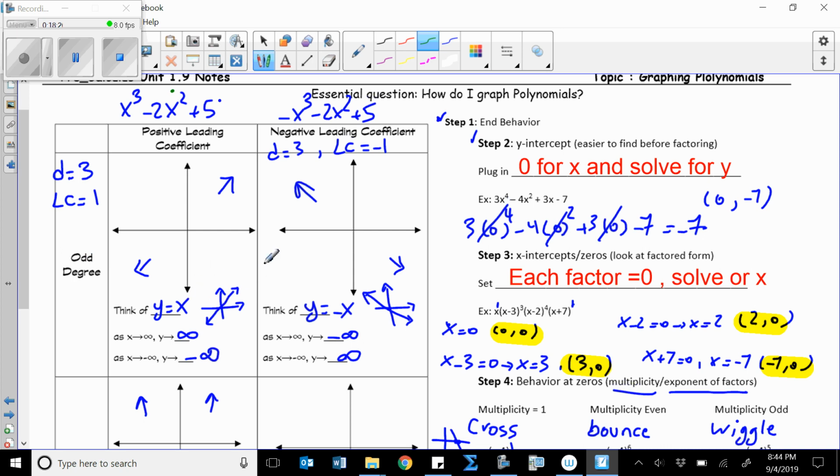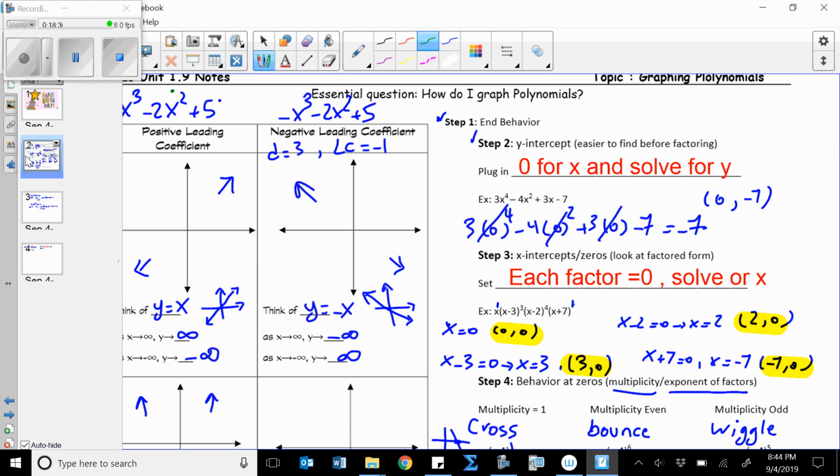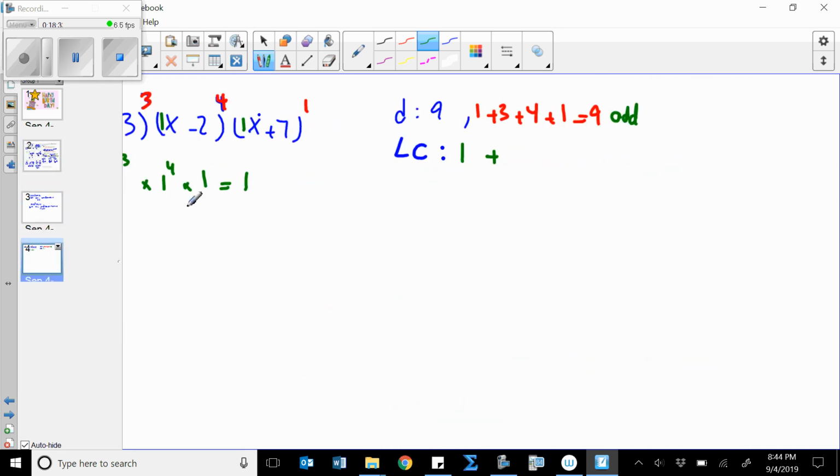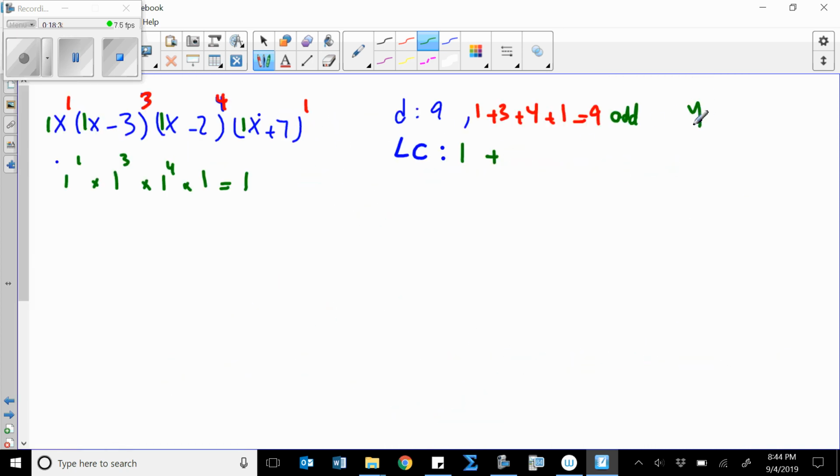That is the end behavior of my function. So I'm going to remember y equal to x, and the end behavior is going to be similar to y equal to x. So this is my end behavior.